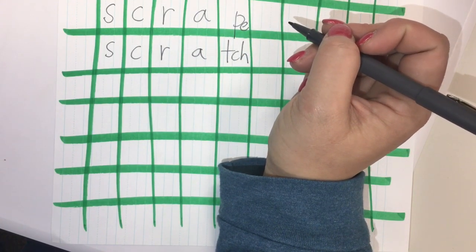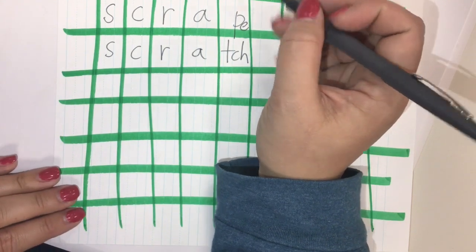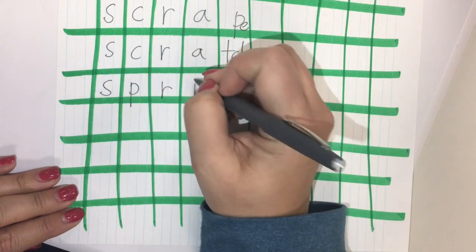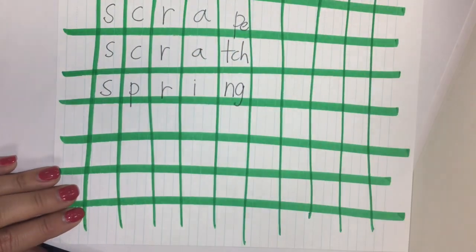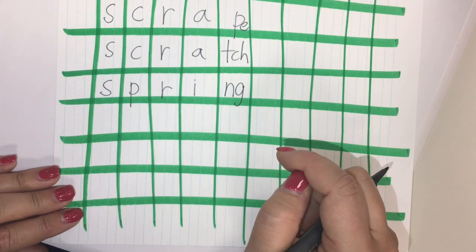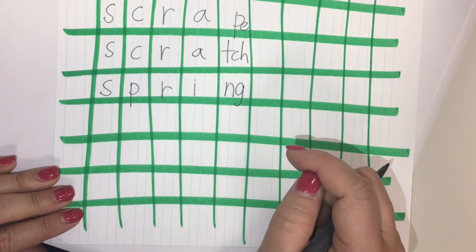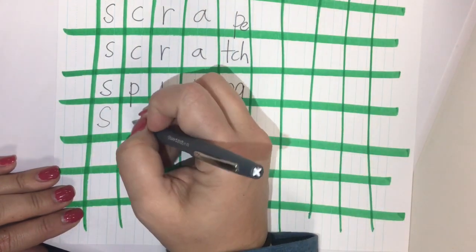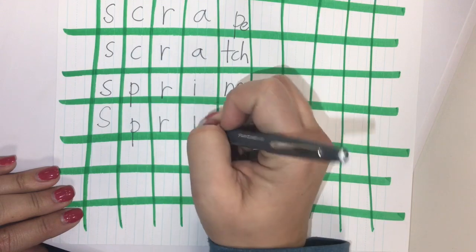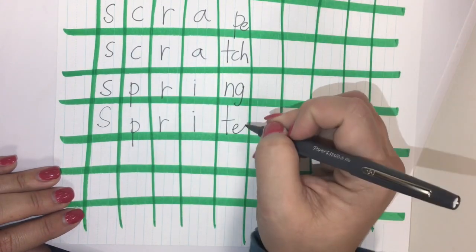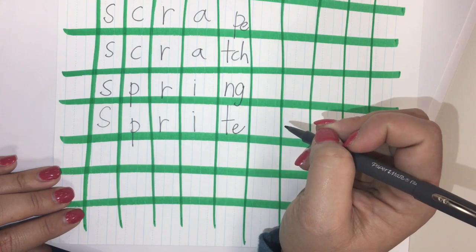Moving on to SPR, if I did spring, NG is still going to be in that box together like we did last week. If I did sprite, I do a capital S because it's a proper noun. And then the T and the E would also be in the same box because of that silent E not having a sound of its own.